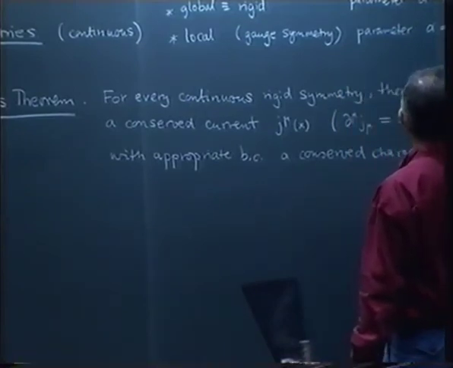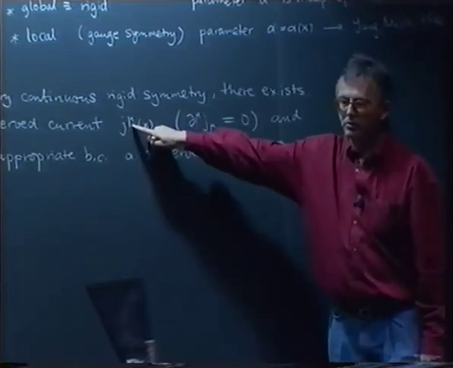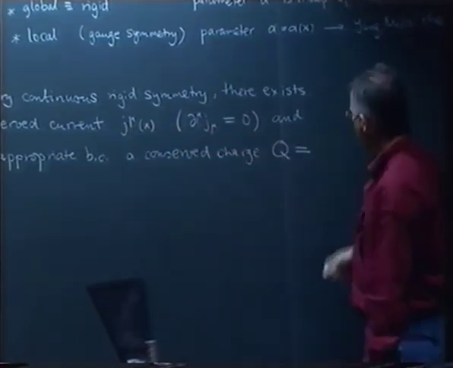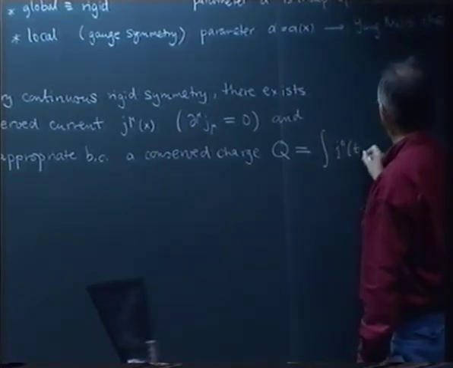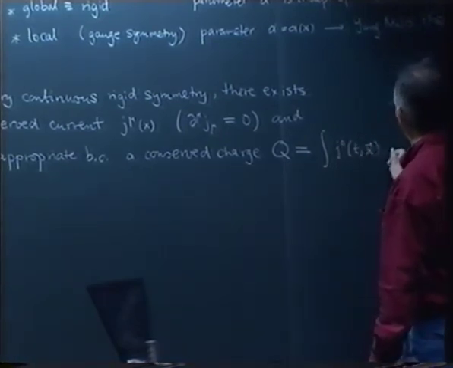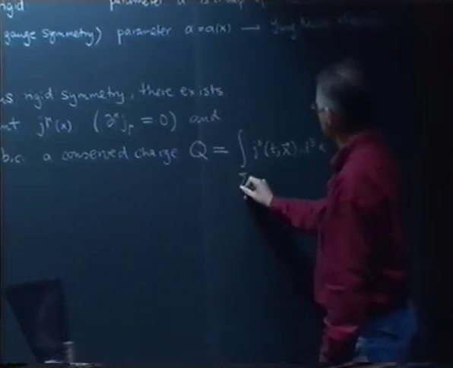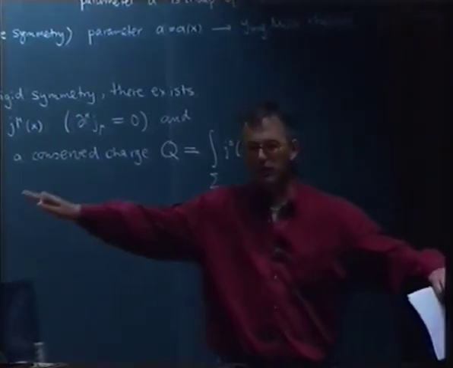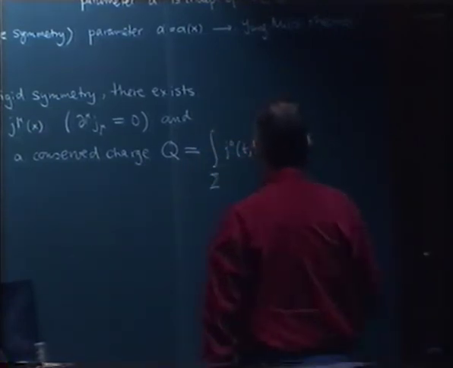Q, and this charge is constructed by taking the zeroth component, the charge density of the current, and integrating it over some spatial hypersurface. You can integrate it over a flat three-dimensional space, but you can also wiggle it a little bit. That doesn't matter.